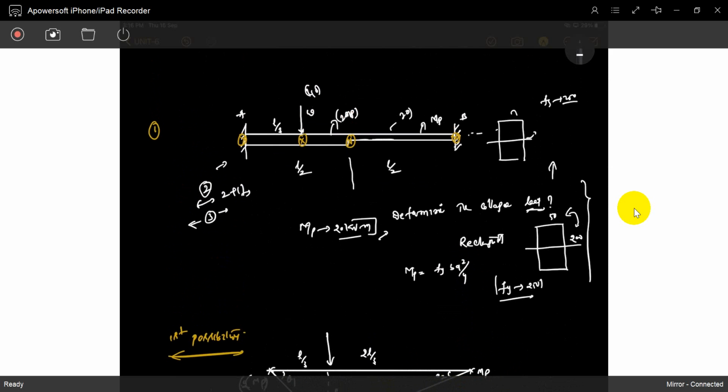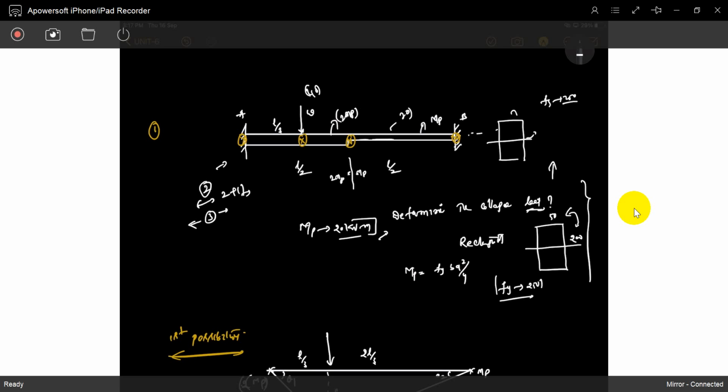Just see, this section just before is 2 Mp, just after it has a capacity of Mp. So at that location, we have to take whichever is least. Sir, why? Because the hinge is formed just where the section has minimum capacity.